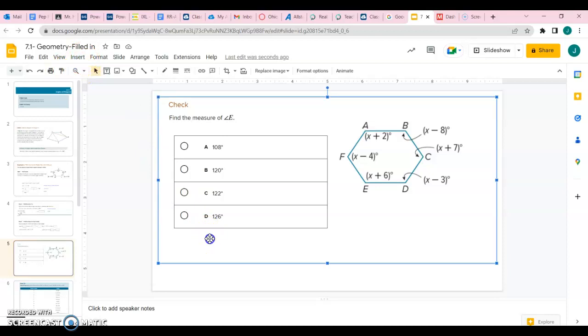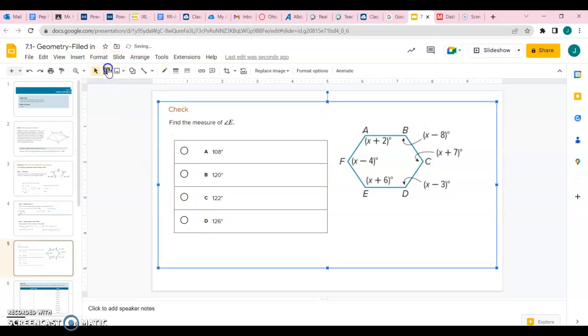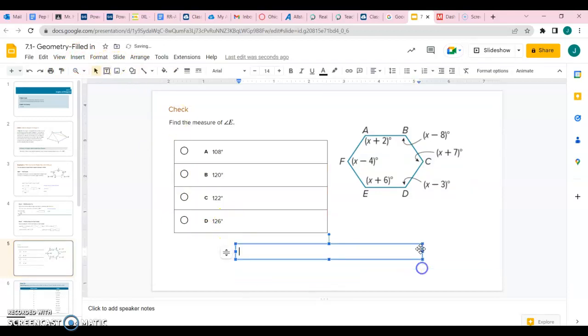So we're going to use that same formula. I'm going to start by just writing it down. My formula is the quantity of n minus 2 times 180. So let's plug it in.